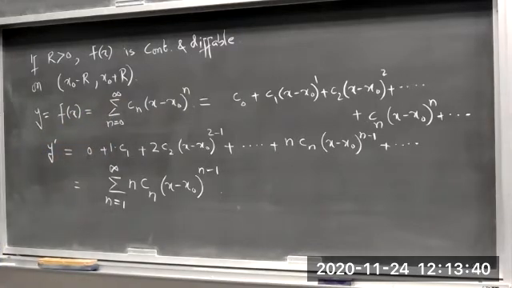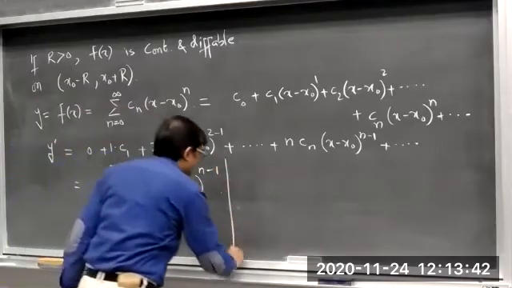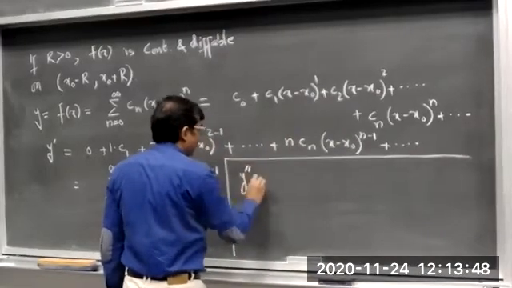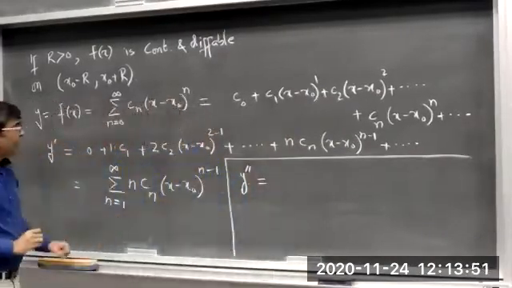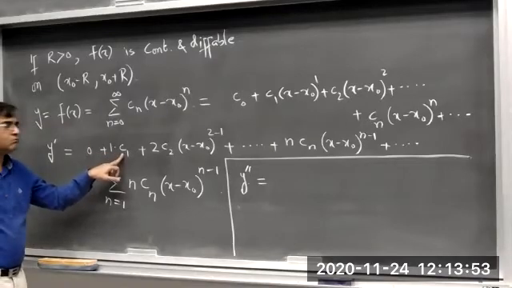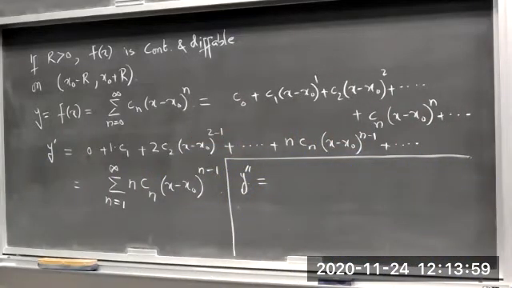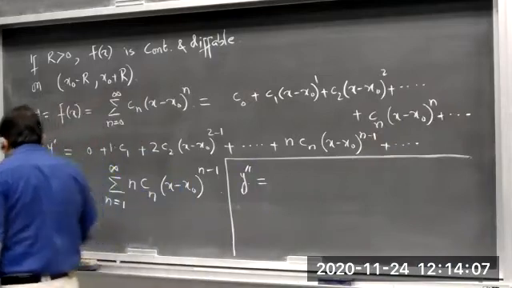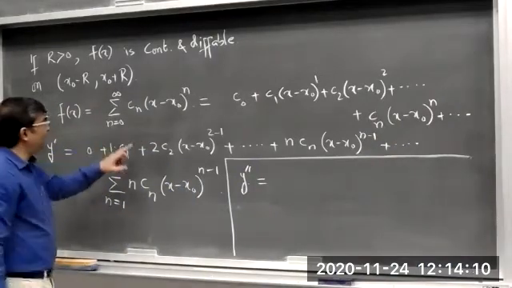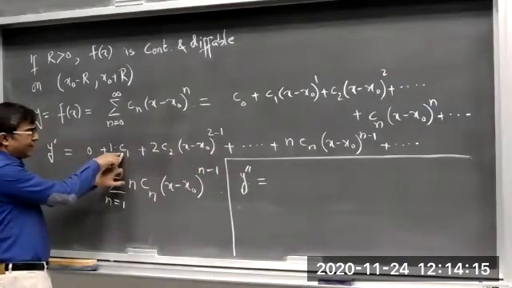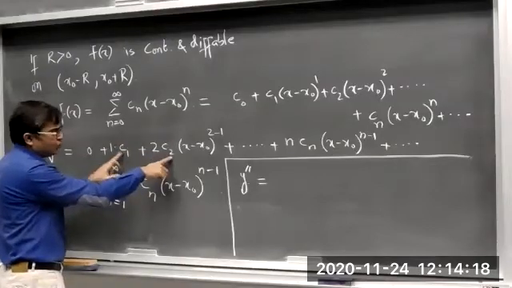Similarly, when we take the second derivative, another term will also become 0. Now, when we take the second derivative of this power series, the second term will become 0 again, and the summation will start from 2.